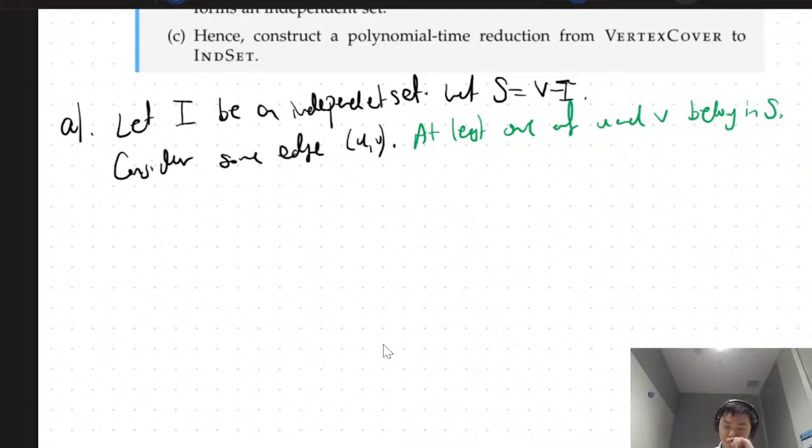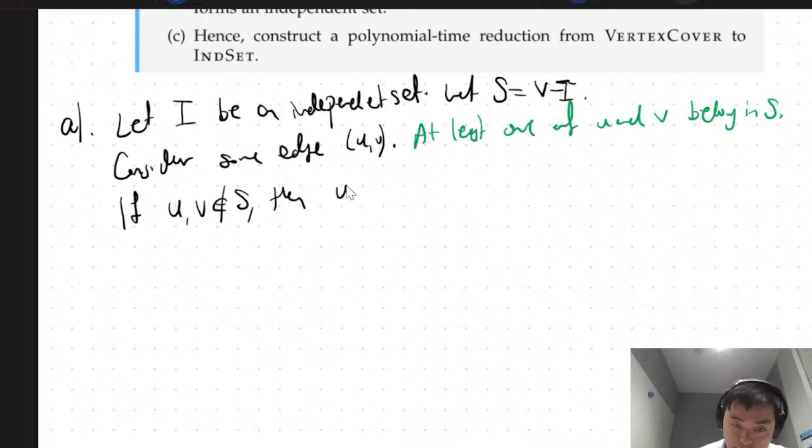So what happens if neither of them are in my set? If U and V are not in S, then they have to belong in I, because S is just the set of vertices that are not in my I. So in fact, both of these vertices have to belong in the independent set. But why is this a contradiction?